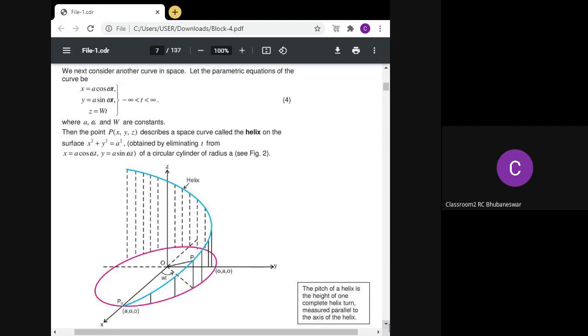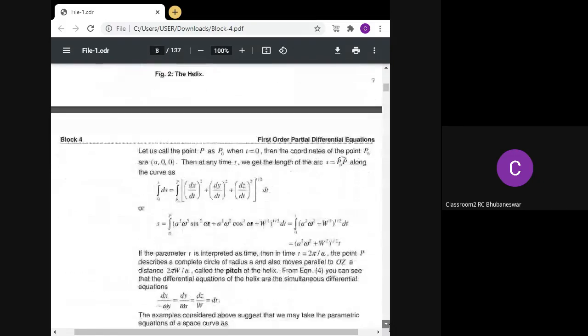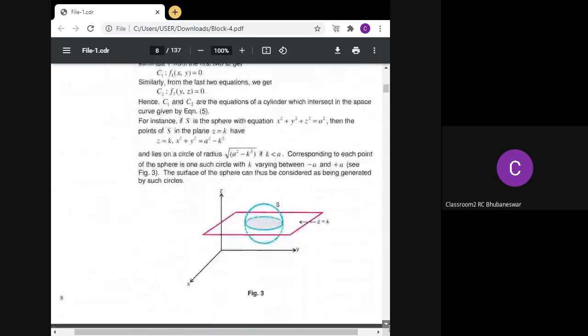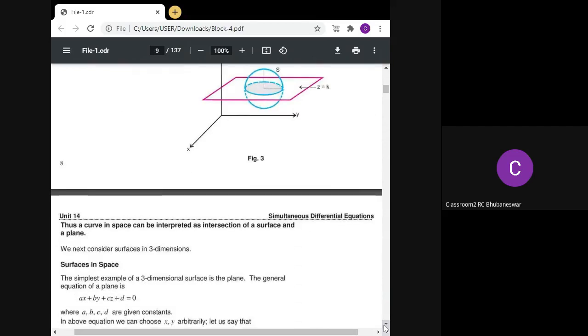Now let us move to one other example, to define a sphere. Look here. We know the Cartesian equation of a sphere, that is x square plus y square plus z square equals a square. Now that equation can be represented in parametric form.